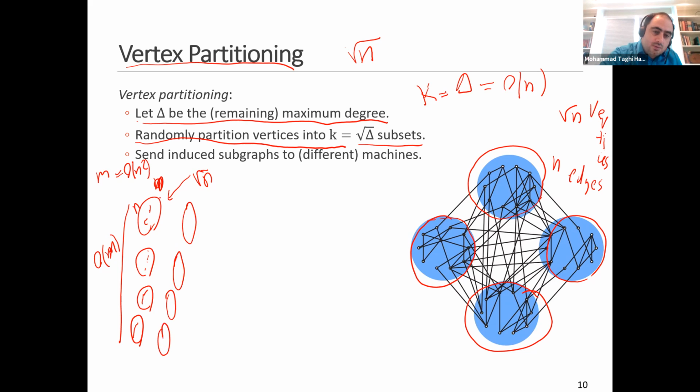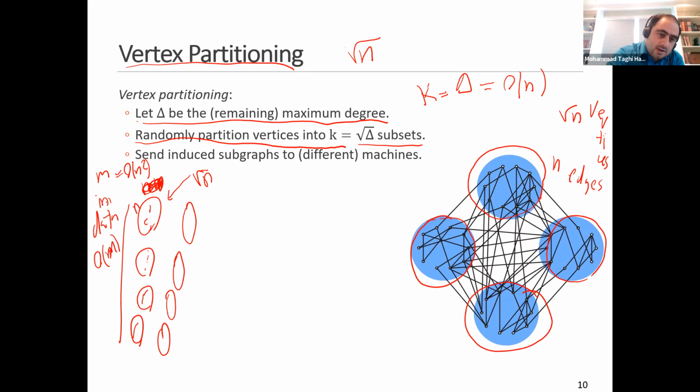We are considering these edges. Each of them can get n, so the total number of computers that we have here is n, because we need n times n.